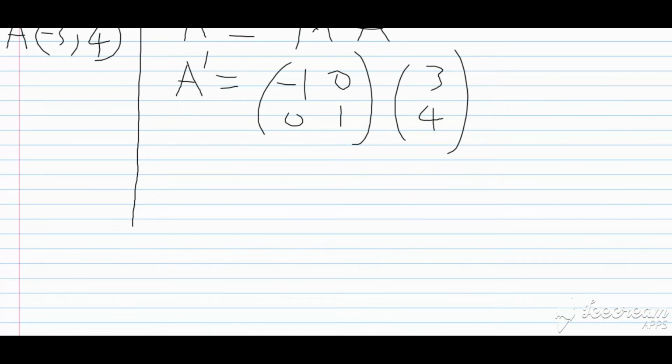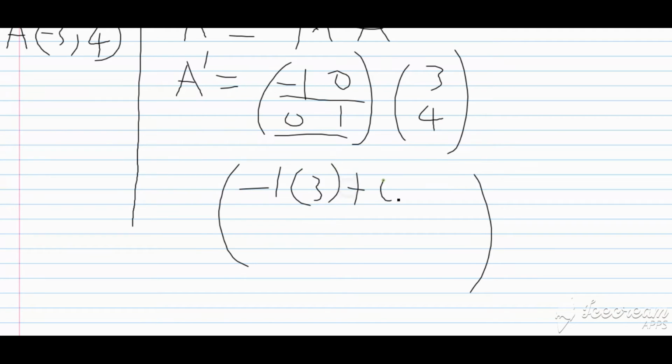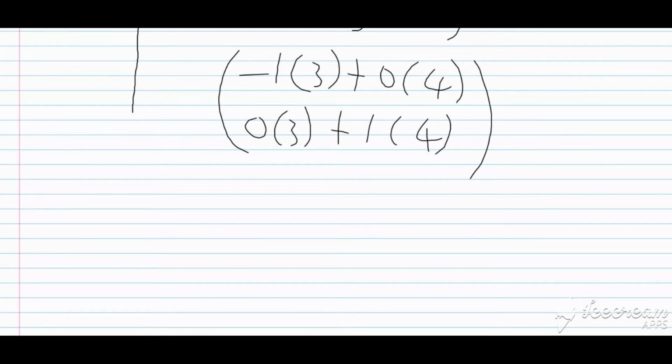Bear in mind the concept for multiplying matrices: we multiply rows by column. So here we go. We're going to have negative 1 times 3 plus 0 times 4. Then we're going to have row 2, which is 0 times 3 plus 1 times 4. When we break this down, I'm going to get negative 3 and I'm going to get 4.